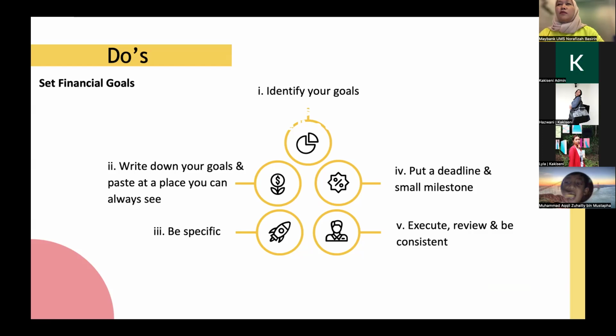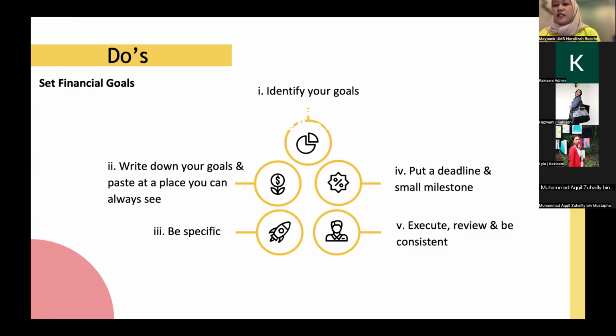A small milestone can be something like, what I like to do is saving 1 ringgit each day. So by the end of the year, I have 365 ringgit, so I can add up to my financial goals, tabung. Something that can excite you, something that you can look upon to. And then you must have a deadline, because if you don't have a deadline, you will never see progress.